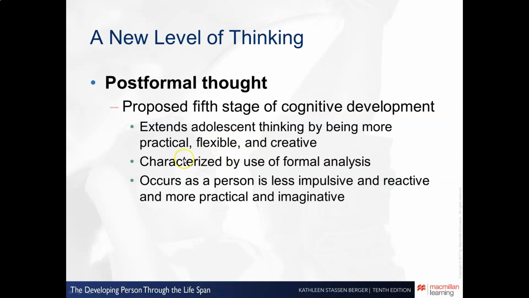It's also characterized by the use of formal analysis, so being able to analyze formally if we need to. And that's usually a result of brain maturation, especially in the prefrontal cortex, just for those of you who are interested in that topic.